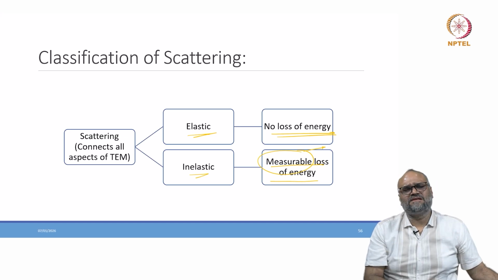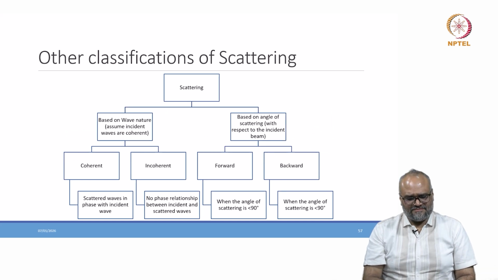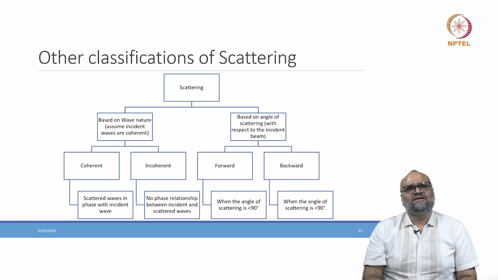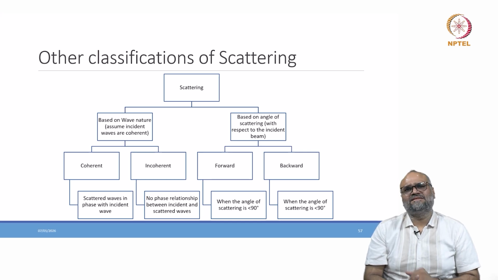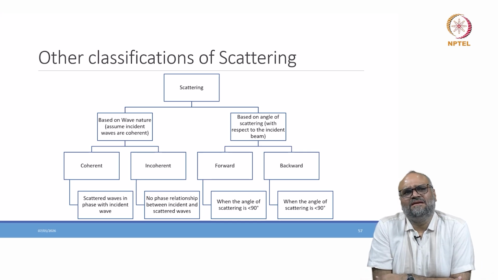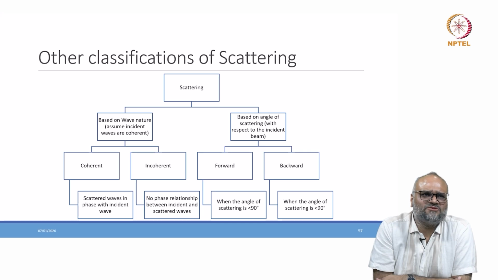The other classifications of scattering are based on the kind of interaction that is happening. In fact, this is a commonly used terminology. You look at electron as a wave or a particle, but in reality you cannot distinguish them. An electron that is propagating inherently behaves like a wave and as a particle as well.